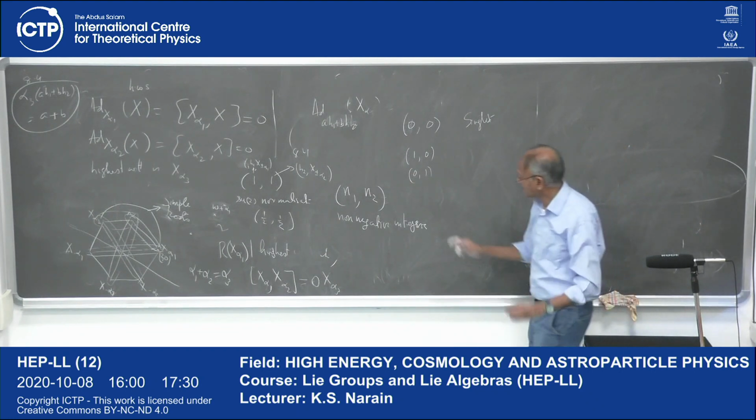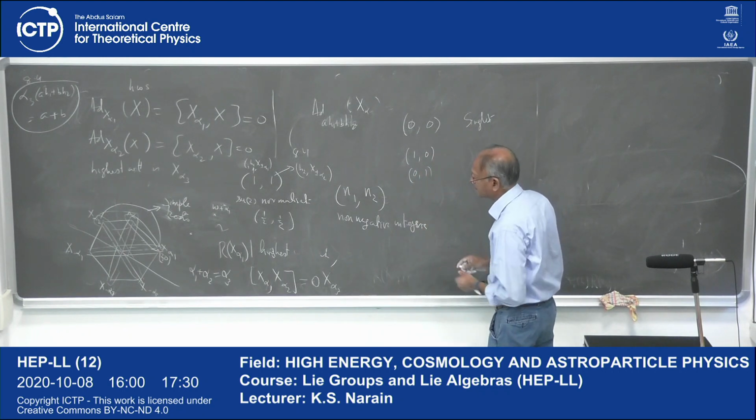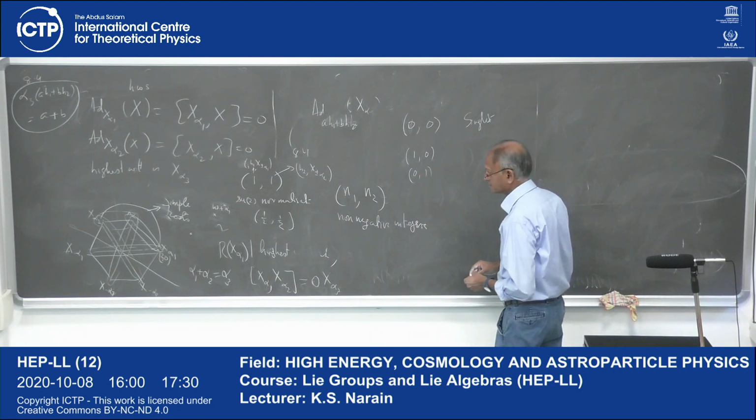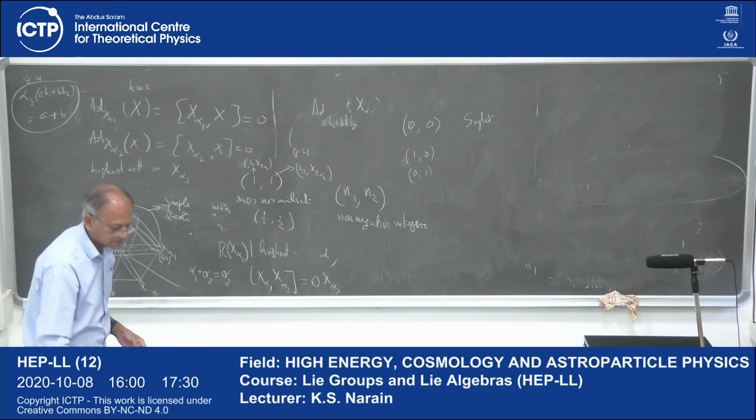Okay. So 1, 0 means what? Maybe I should have drawn this picture a bit bigger, because now this is unreadable. Let's draw this.